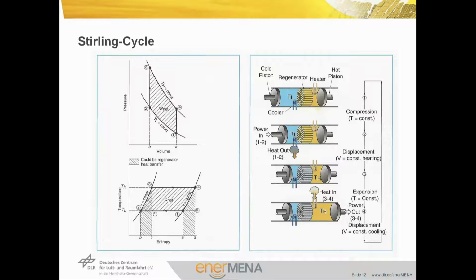The temperature of the working gas returns to the low level and we start with the next cycle. We can take out mechanical power from the cycle because we have to introduce power for the compression of the cold gas, but we get out much more power from the expansion when the gas is hot. For completeness, you can see the PV diagram and the TS diagram describing the process on the left side.